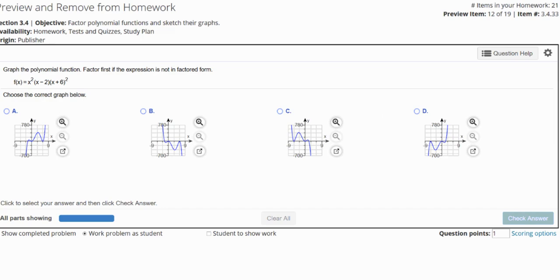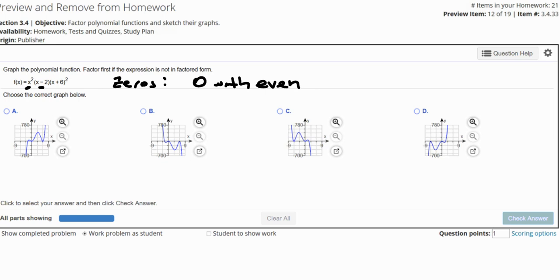Graph the polynomial function. Once again, we're given the factored form, and just by looking, I can see that I have a 0 at x equals 0. So I have 0 with even multiplicity, so it's going to bounce.